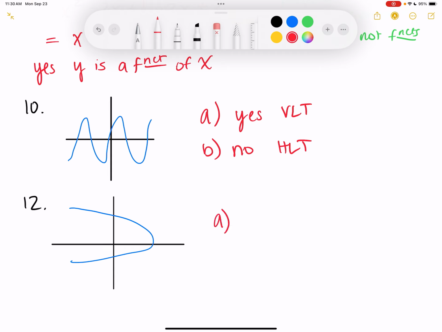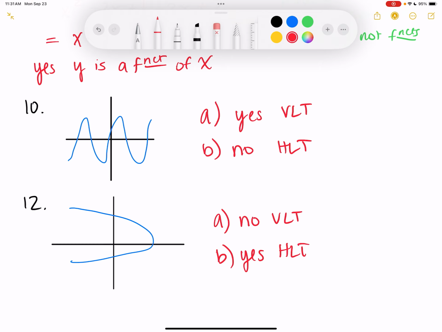It does not pass the vertical line test. But does it have an inverse that's a function? Yes, from the horizontal line test.